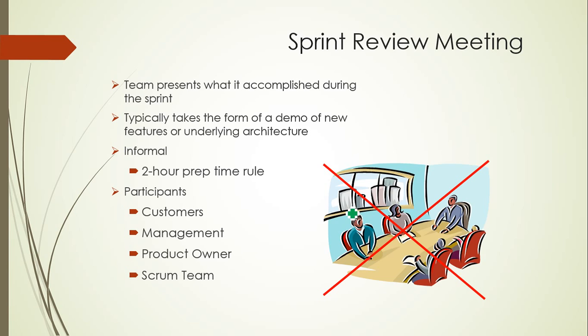This is a time-boxed meeting and it should not last more than 2 hours. In other terms, this meeting is also known as a sprint demo meeting, where the development team demos the work results or the features developed to the stakeholder or the product owner. And the product owner either accepts the work results or suggests some changes.